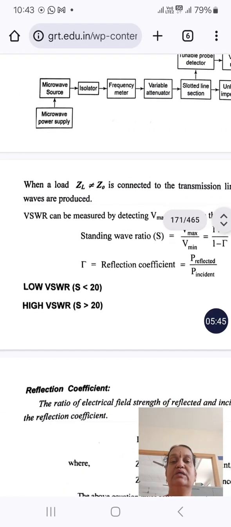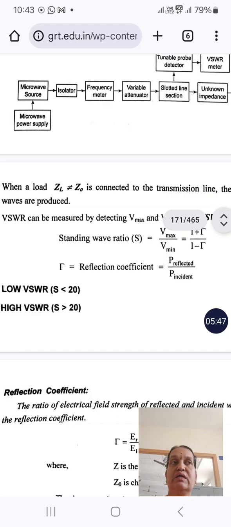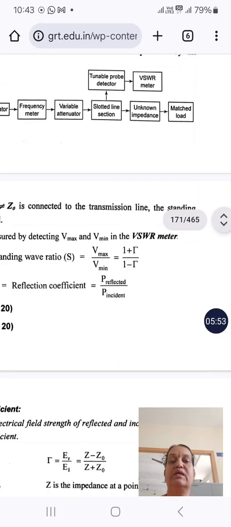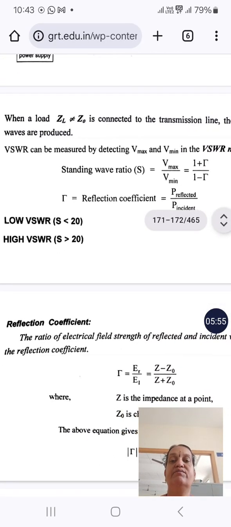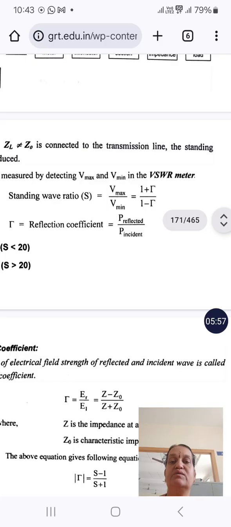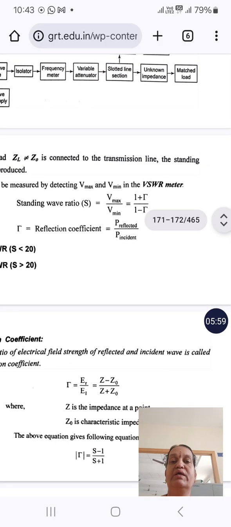When the load impedance is not equal to the input impedance of the transmission line, the standing wave is produced, that is, the reflection takes place. As we said in the beginning, if impedance is not properly matched, the waveform gets reflected.